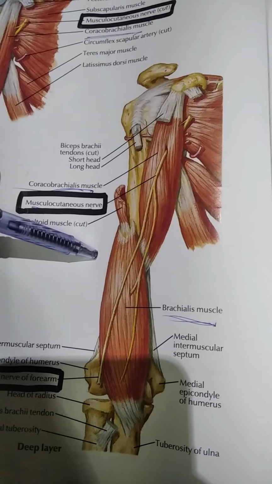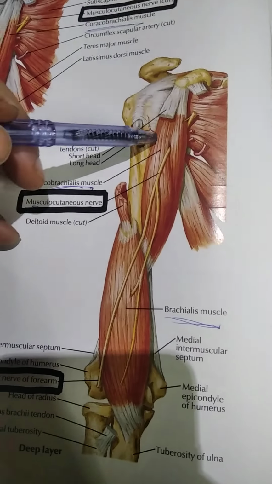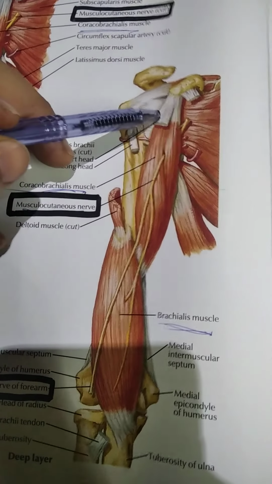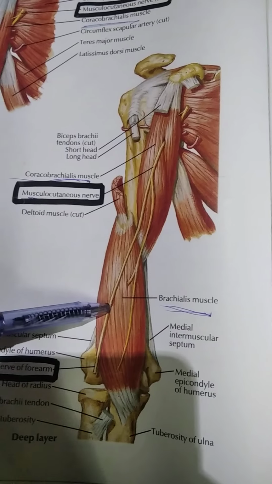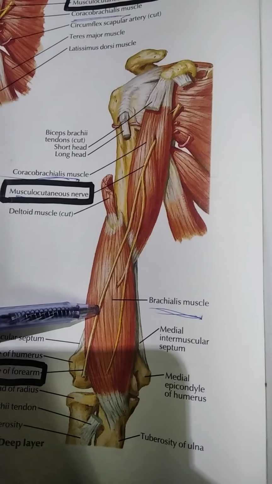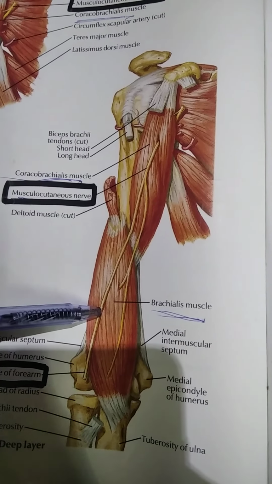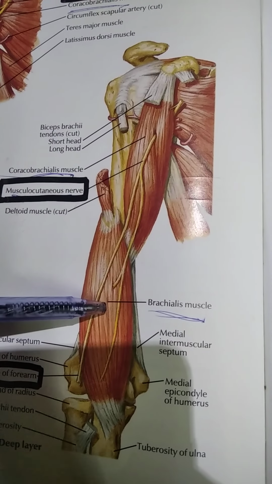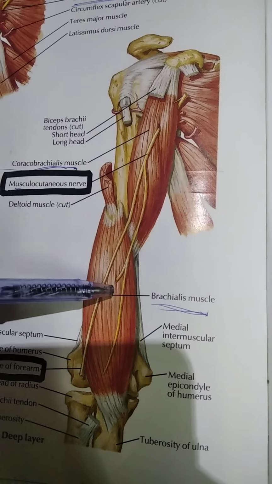So its muscular branches are to the coracobrachialis, biceps brachii and brachialis. You can learn from the mnemonic BBC: biceps brachii, brachialis and coracobrachialis.